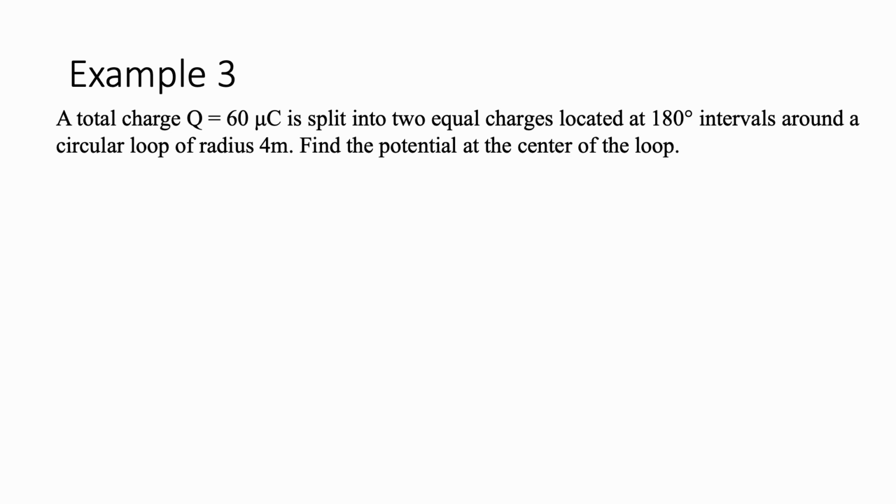Let's look at example number 3 that has been provided to you. It is given that a total charge Q of 60 microcoulomb is split into two equal charges located at 180 degree intervals around a circular loop of radius 4 meter, and we need to find the potential at the center of the loop.